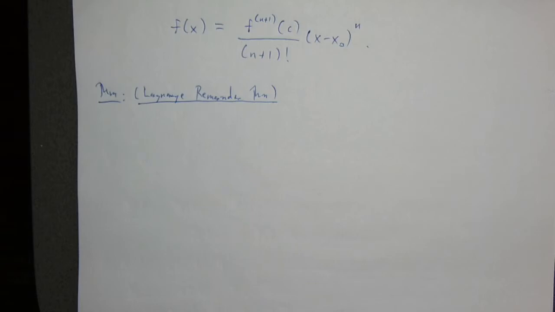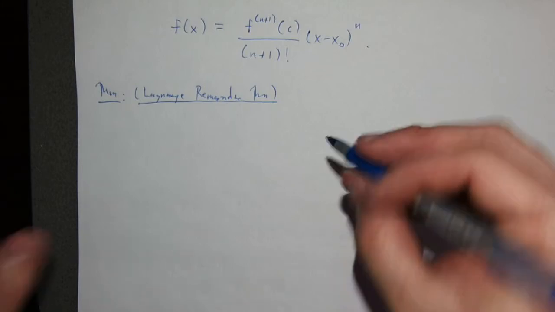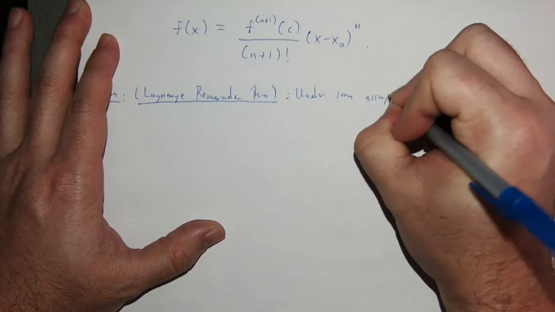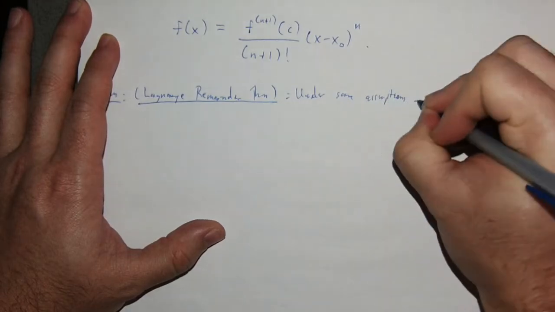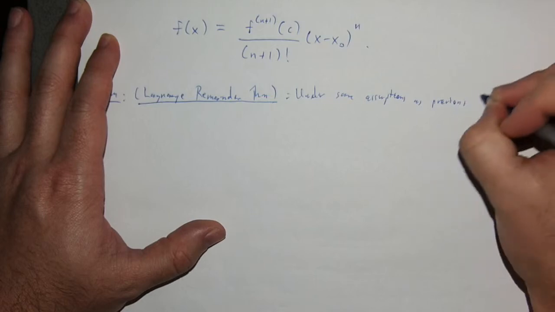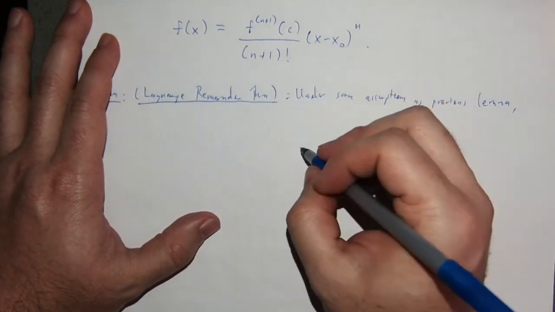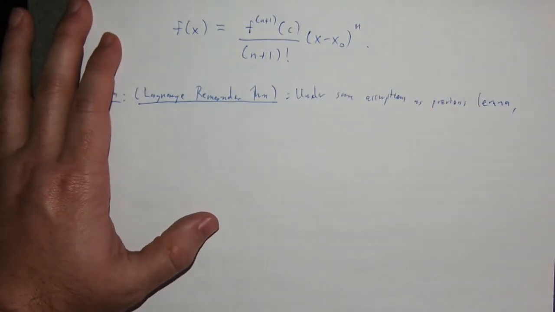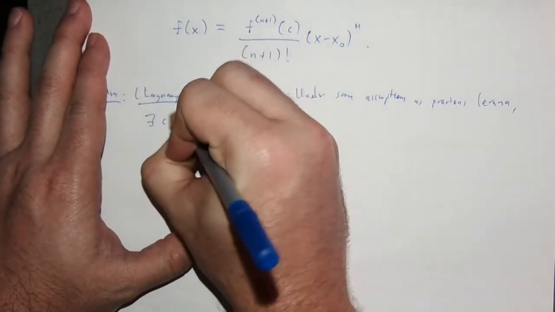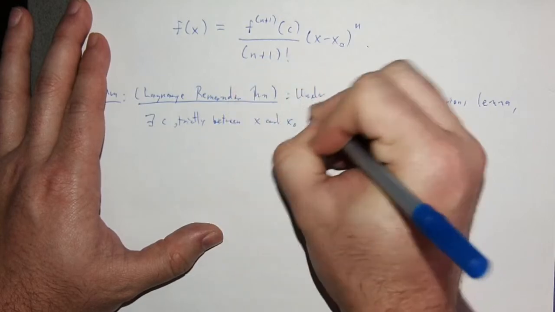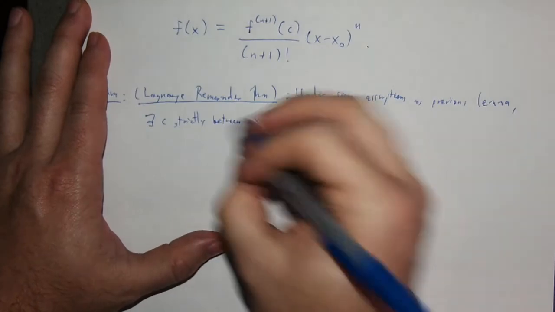And what this says is, under the same assumptions as the previous lemma, there exists a point C strictly between x and x naught such that the following is true.